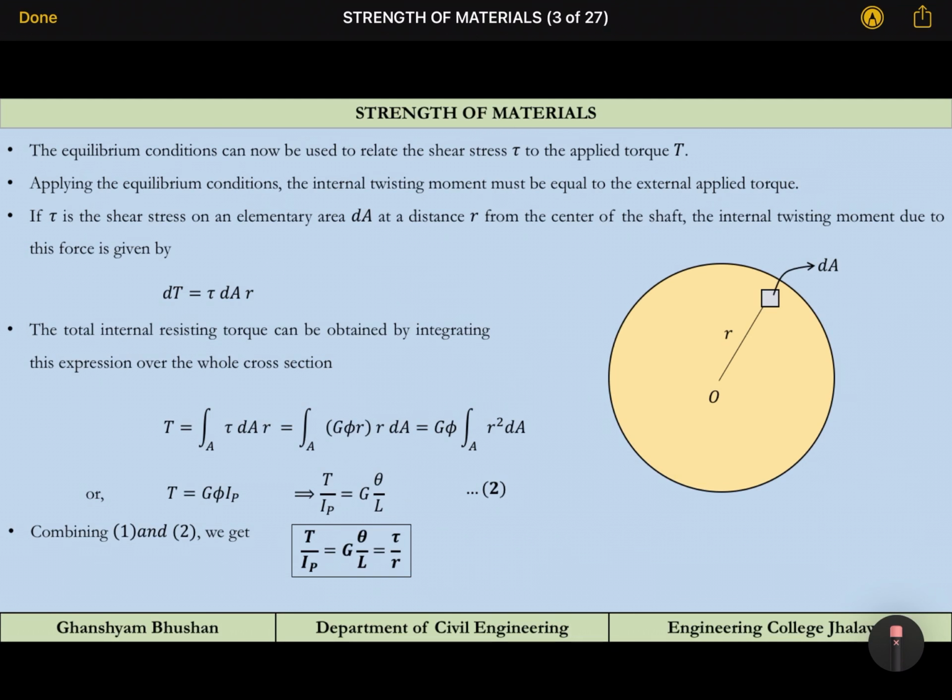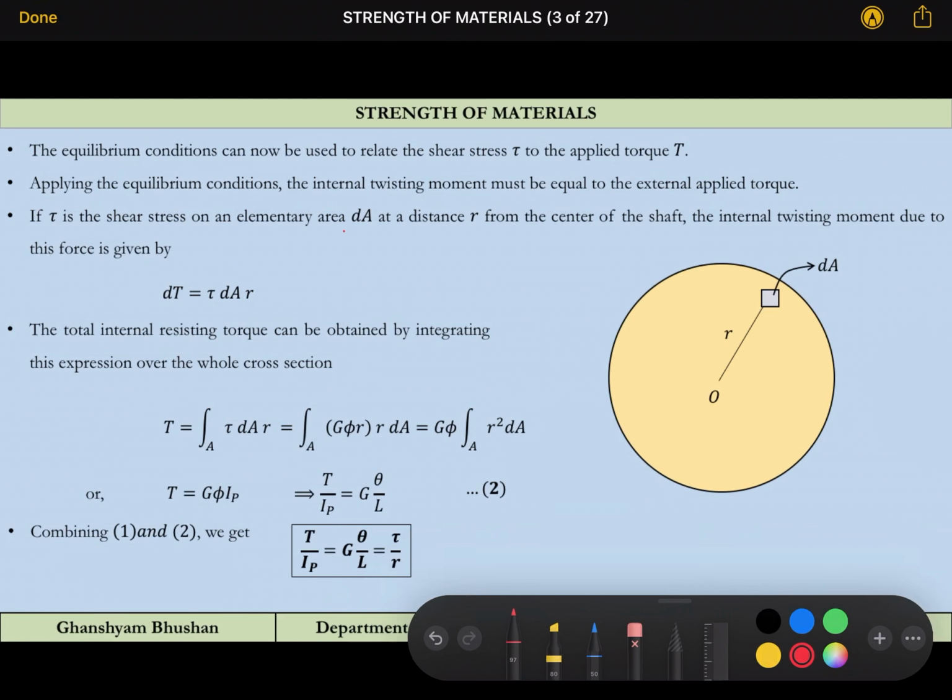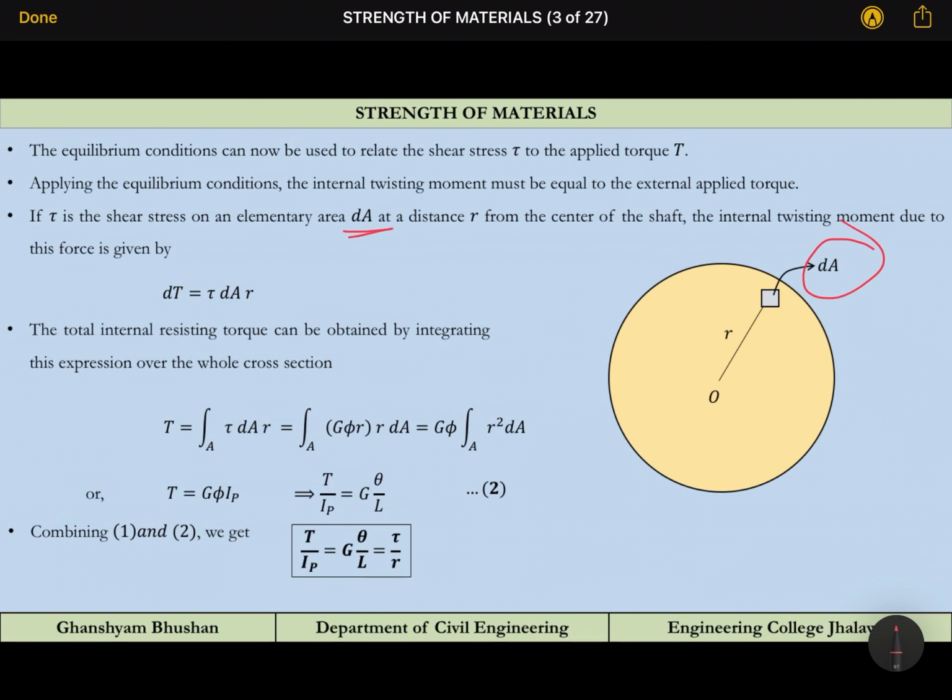If tau is the shear stress on an elementary area dA, as shown in the figure, at a distance r from the center of the shaft, the internal twisting moment due to this force will be dT equal to tau dA into r.